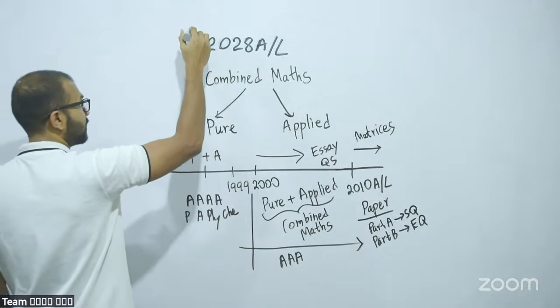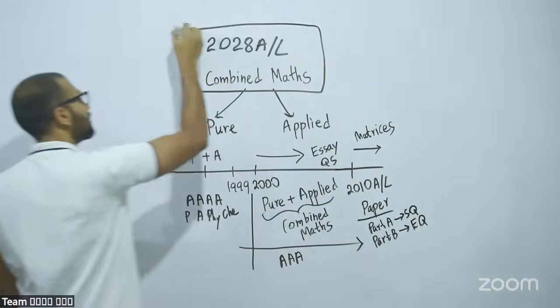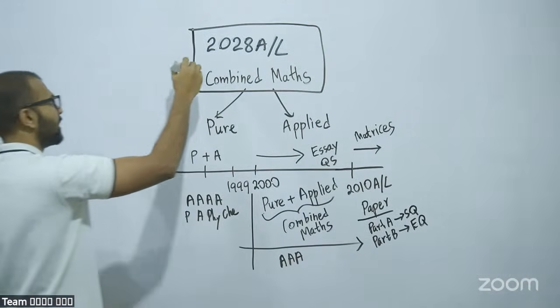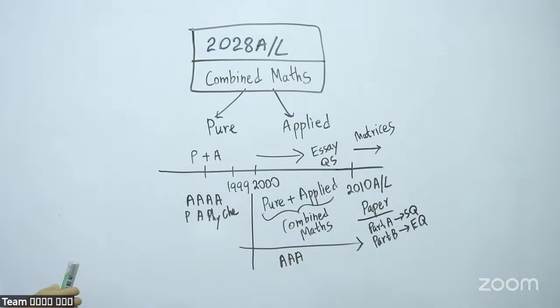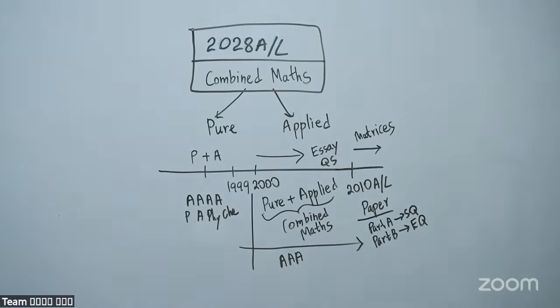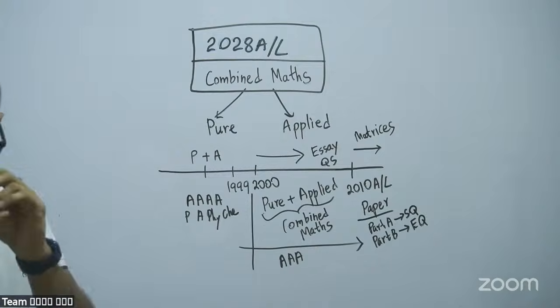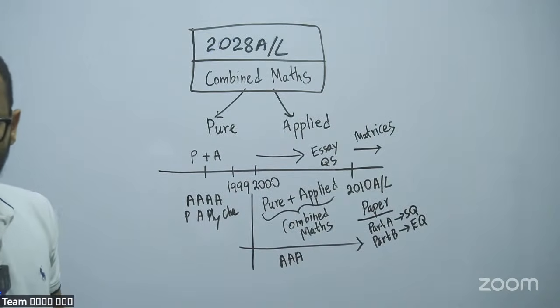So now you can write the name of the subject, combined maths. And now you know how to derive the name of the subject. Right? Okay. Take your time and write the topic combined maths.